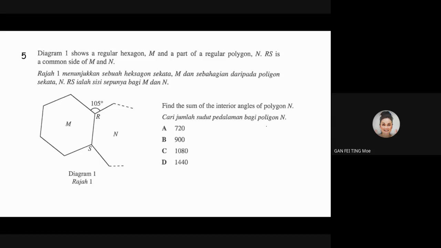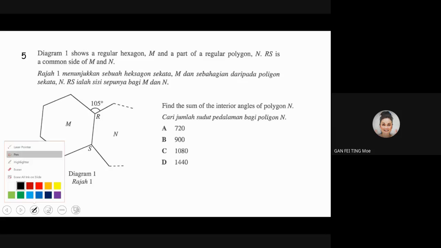Okay, now this question. Diagram 1 shows a regular hexagon, M, and a part of a regular polygon, N. So they tell you these are two polygons. One they tell you is a regular hexagon.